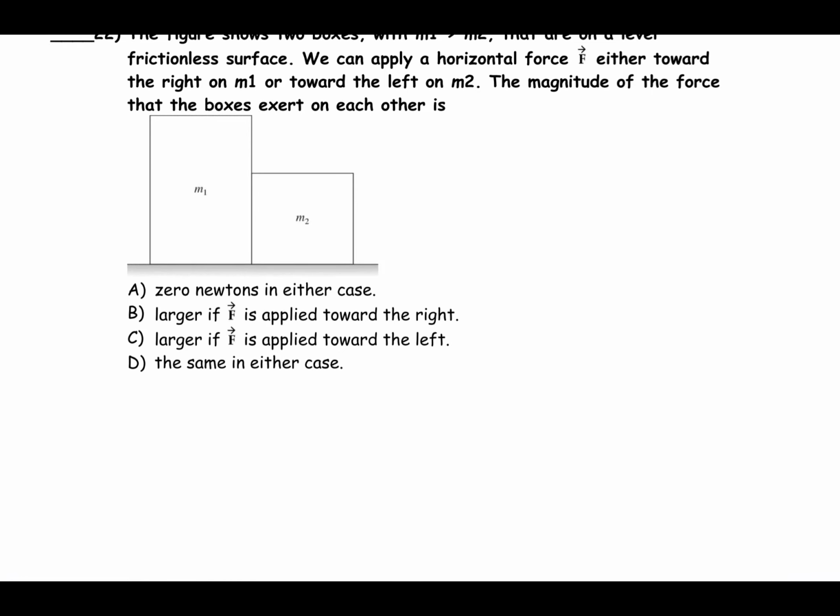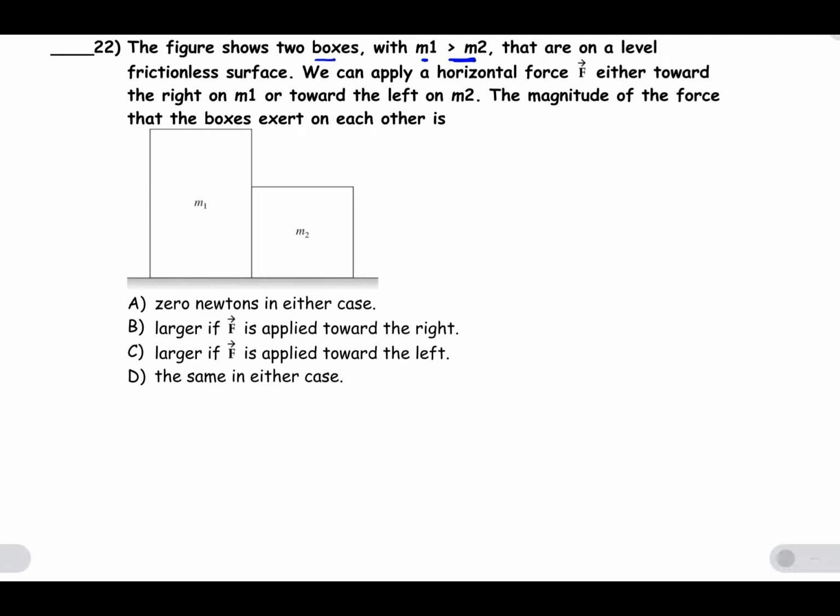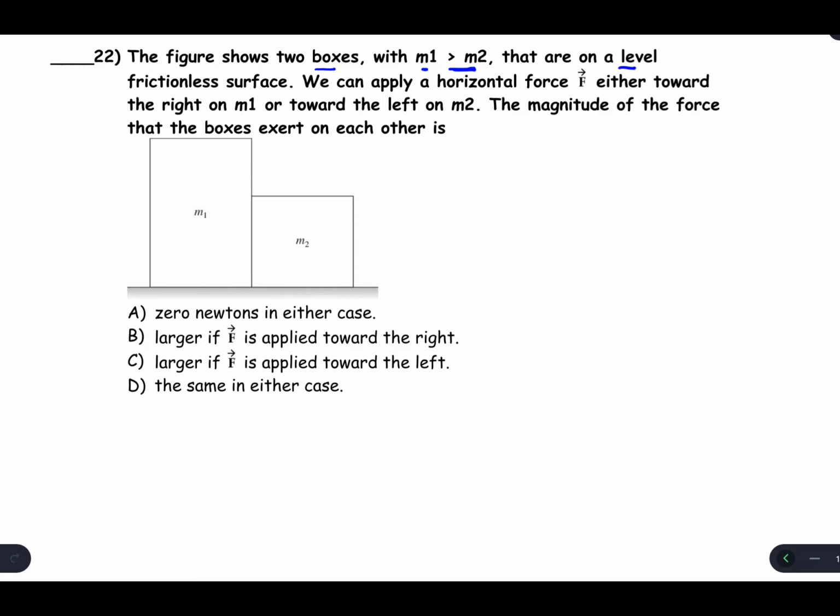Number 22. The figure shows two boxes with M1 greater than M2 that are on a level frictionless surface. We can apply a horizontal force F either toward the right on M1, so it will be like that, or toward the left on M2, so it would be like that.